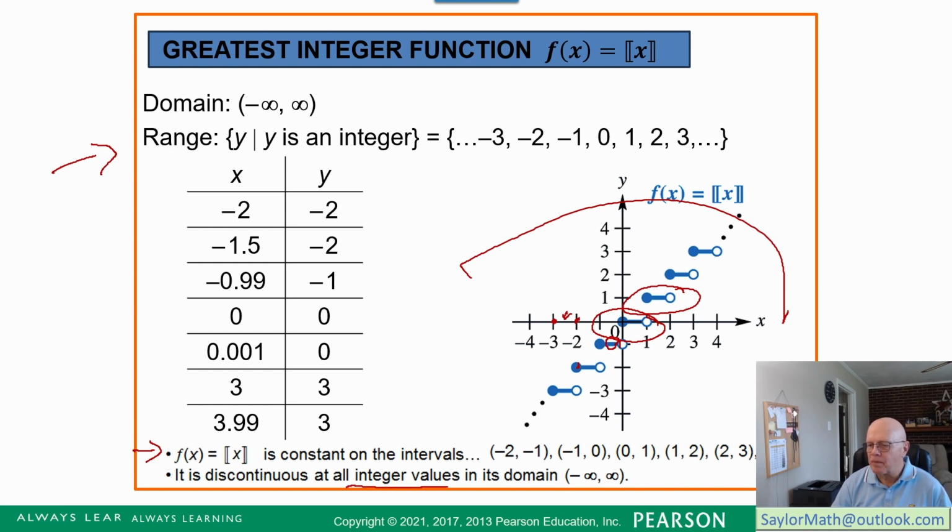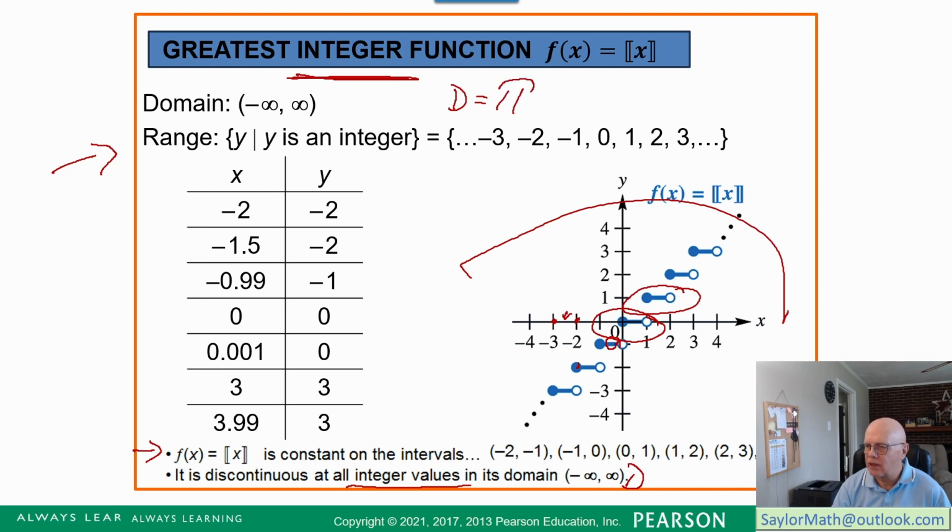All integers for the domain, the range only has integers. So the domain, oops, did I say range?